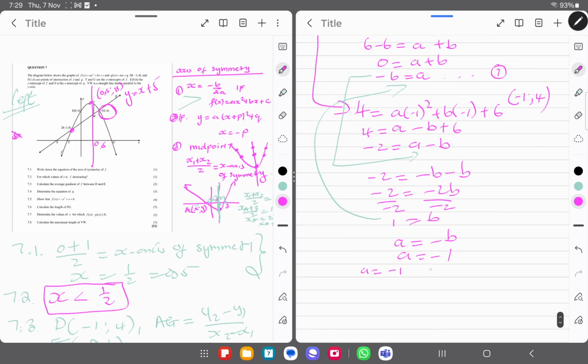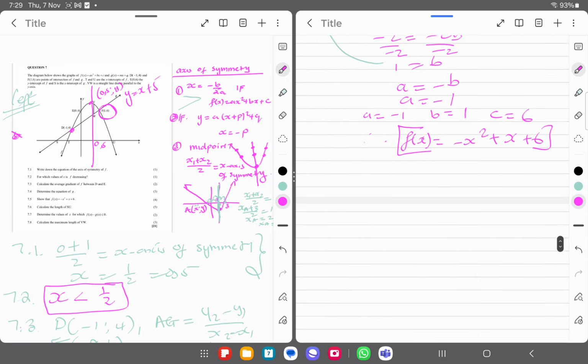Therefore, a is negative 1, b is positive 1, and c is 6. Therefore, the equation is y equals minus x squared plus x plus 6. So we use situation 3. So keep in mind if they want the equation of your parabola.